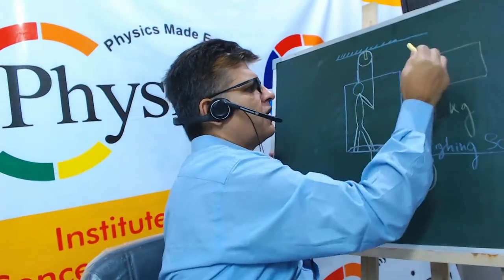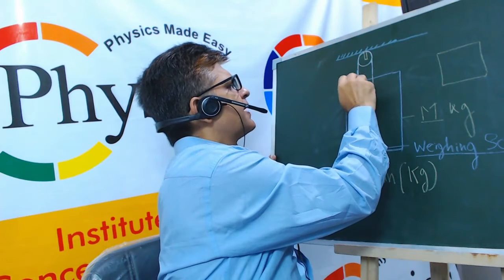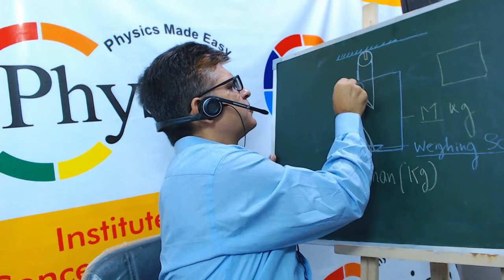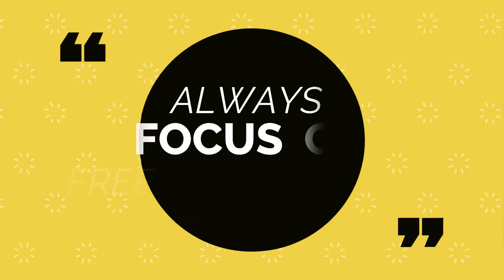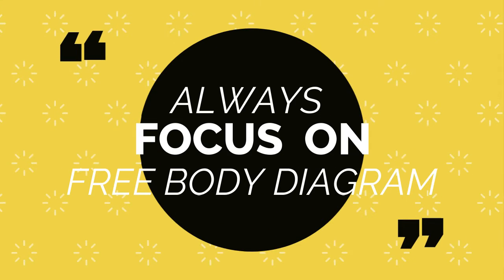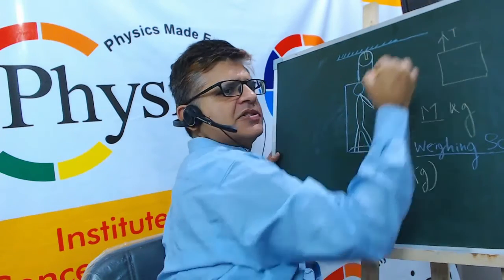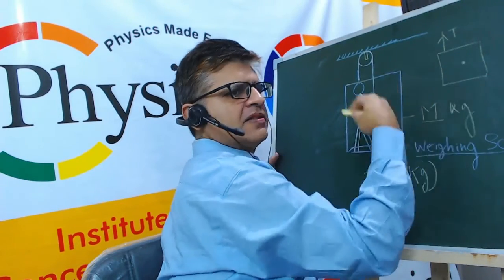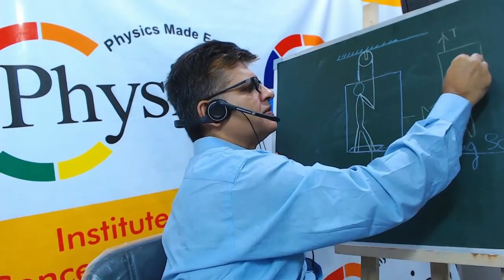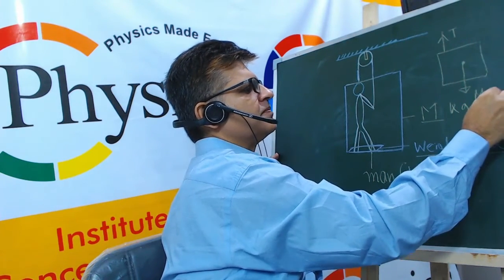Now the box is connected to the string here, so the box is being pulled upwards by a tension T. And the earth will pull the mass downward with Mg.